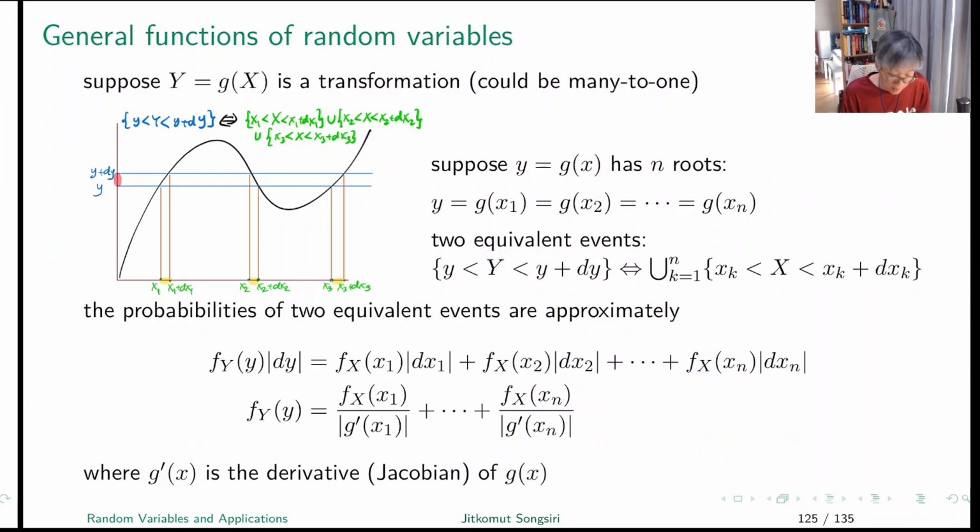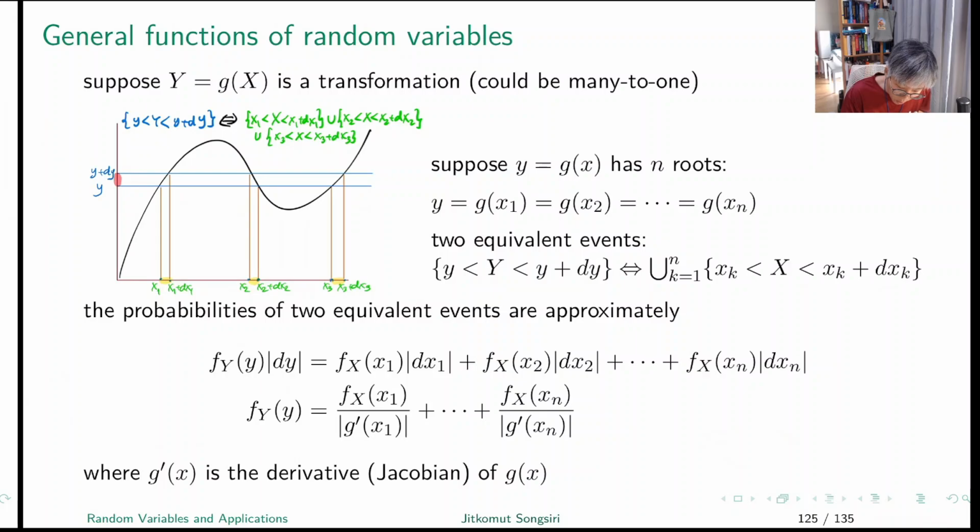Recall that I'm going to derive the probability of this, and that's equal to the probability of this. But the probability of this is the density times dy. We can approximate that the probability of this is the density times the size of this perturbation dy.